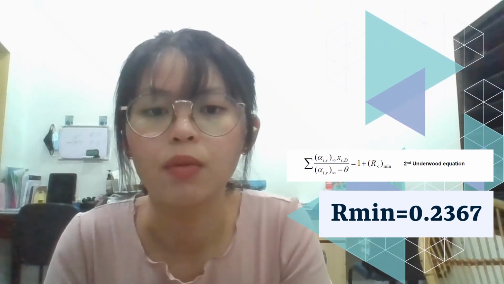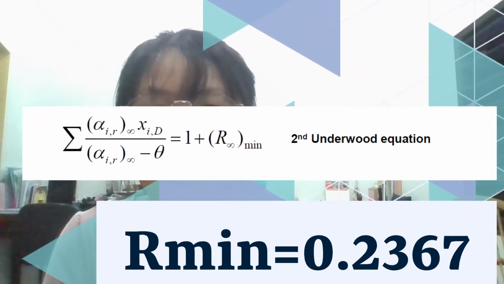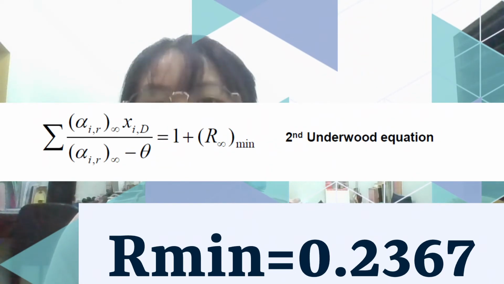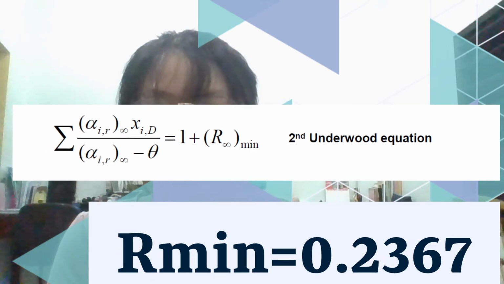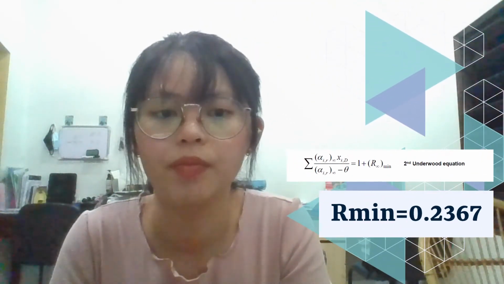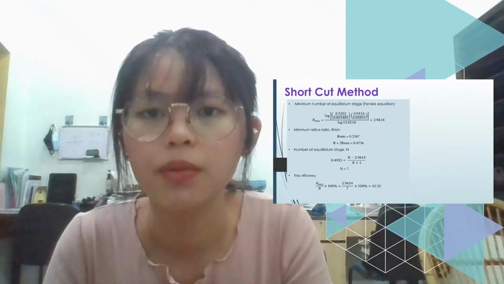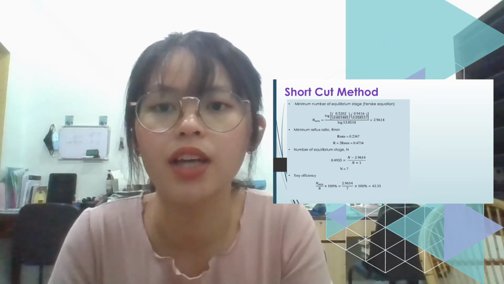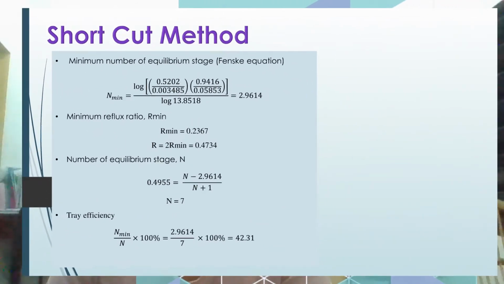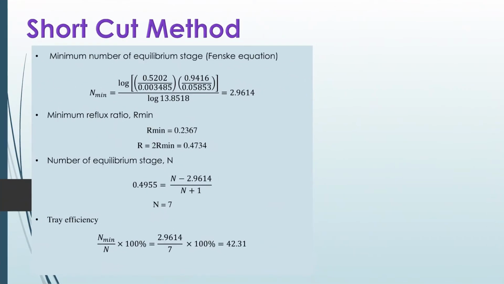We proceed with our calculation using the second Underwood equation with the delta obtained before. Finally, we get R min as 0.2367. Assuming R equals 2 R min, the reflux ratio R is 0.4734.